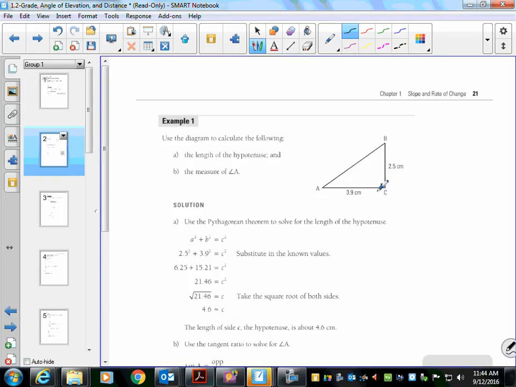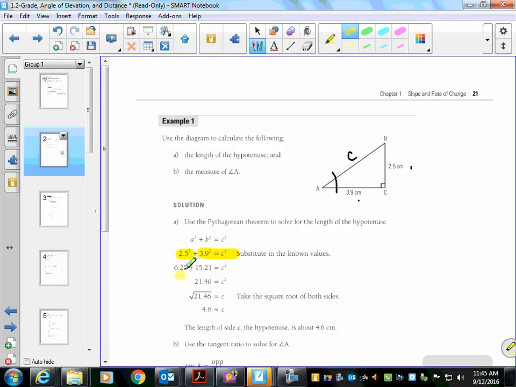So if we have this triangle over here, find the length of the hypotenuse, that's length C, and the measure of angle A. To find the hypotenuse, the first thing we do is a squared plus b squared equals c squared. Substituting in, they got 2.5 squared plus 3.9 squared equals c squared.